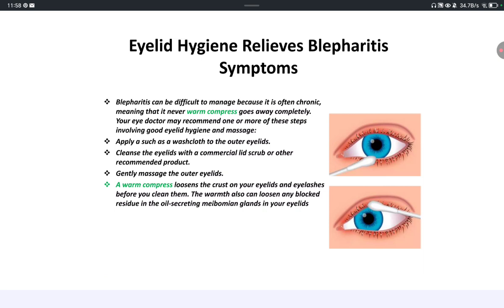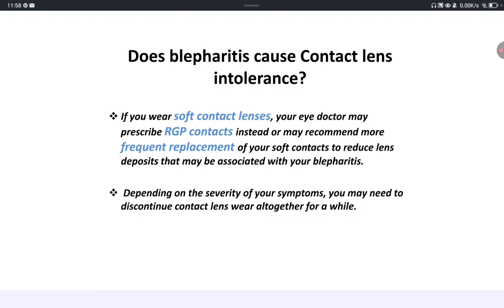Cleanse the eyelid with a commercial lid scrub or other recommended product. Gently massage the outer eyes. A warm compress loosens the crust on your eyelids and eyelashes before you clean them. The warmth can also loosen any blocked residue in the oil-secreting meibomian glands in your eyelids.